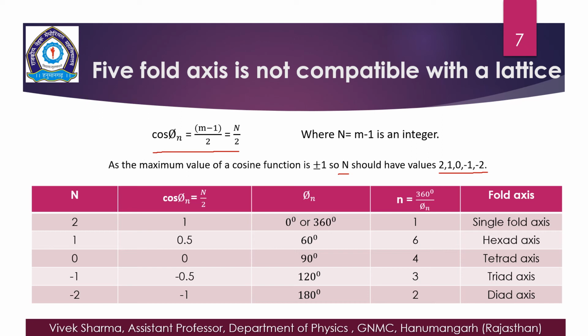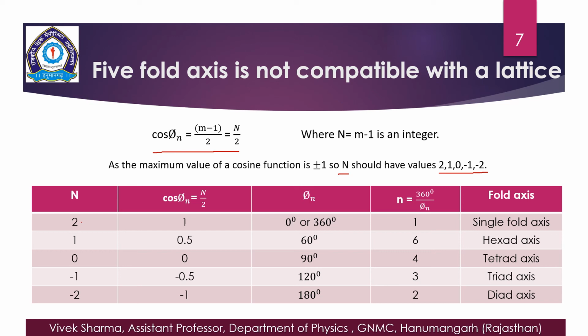Because if I put N equal to 3, cos phi n becomes 1.5, which is impossible. So capital N must lie between 2 and minus 2, and it should be some integer also, because N equals M minus 1. So the possible values of N are 2, 1, 0, minus 1 and minus 2.